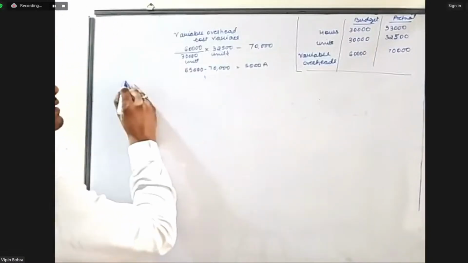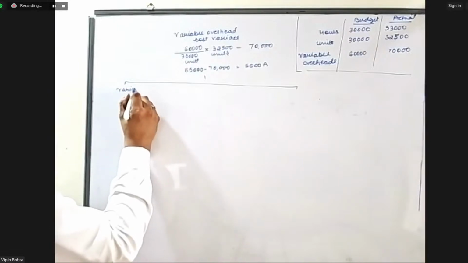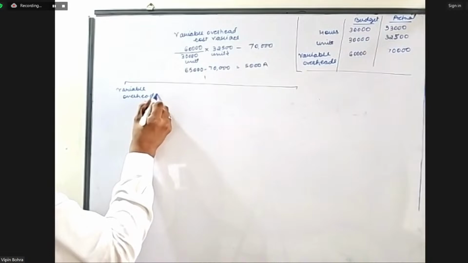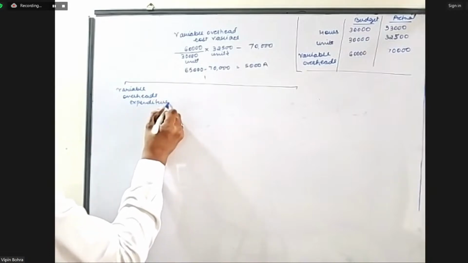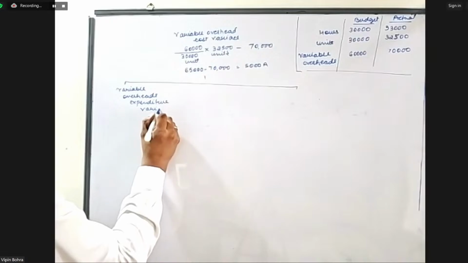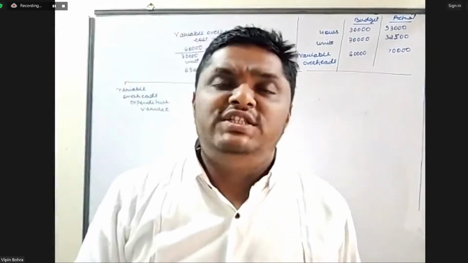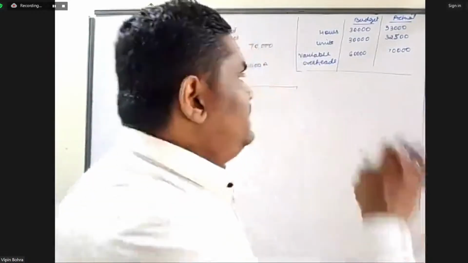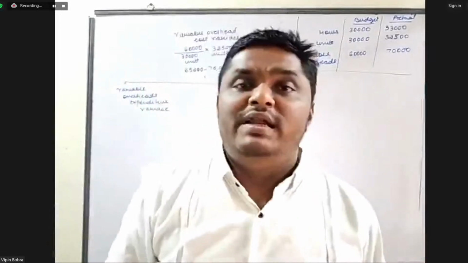Now two parts. Variable overheads expenditure variance. Now, when talking about fixed overhead expenditure variance, we have calculated it directly. If it is fixed overhead, it will be very simple, 60 minus 70.